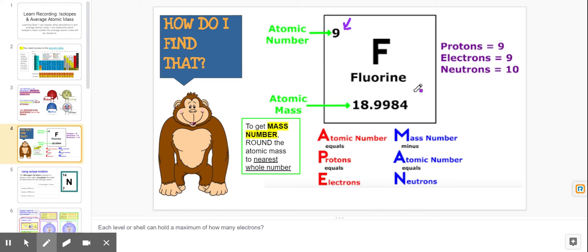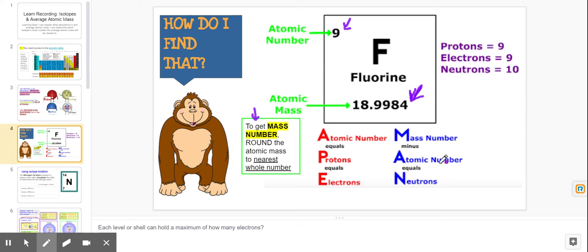We also find a number with a decimal. This is not the mass number. This is called the average atomic mass. And we can change this to the mass number. The mass number is also a whole number or integer. We can round that to the nearest whole number and get the mass number.